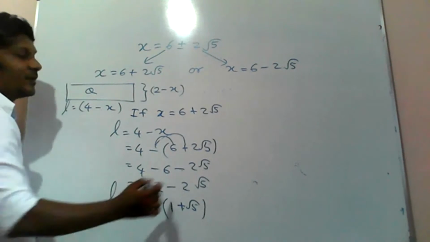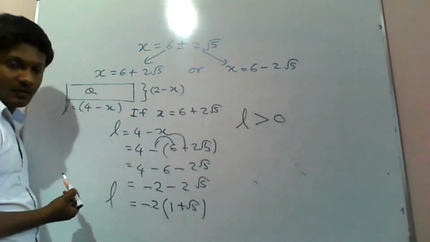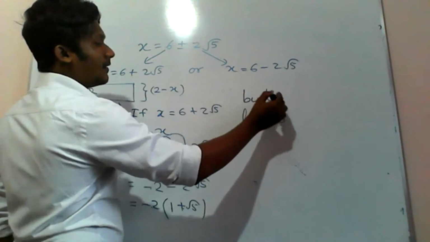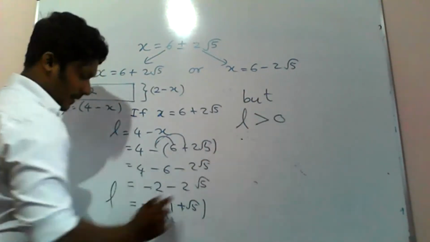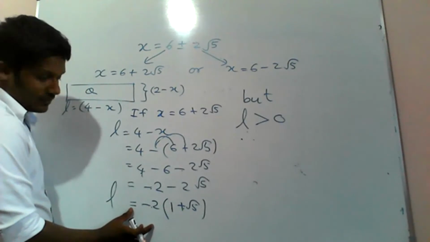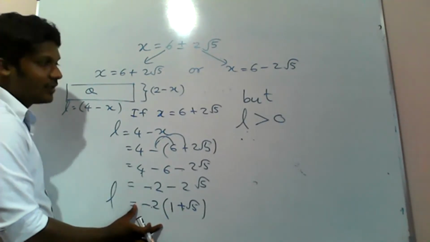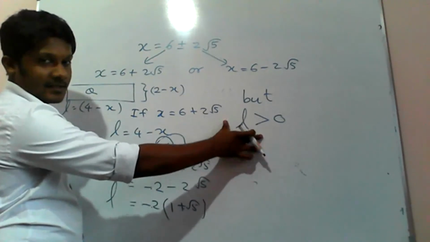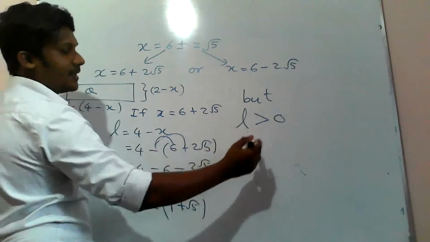But normally, we know all length values are greater than 0. Therefore, this value is a negative value. But normally, in general life, we know length is greater than 0.